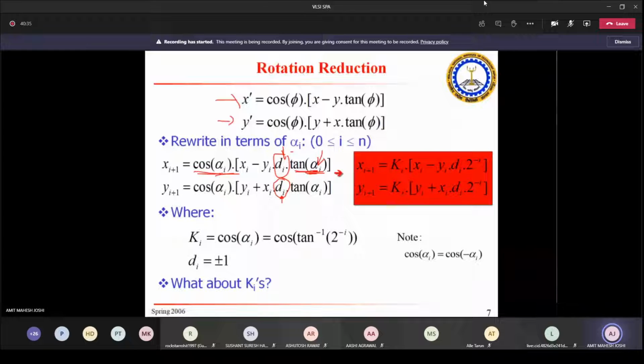Sine is ultimately an odd function, and because of sine, the tan comes out as odd, because it is sine by cos. But cos is an even function. So for cos, I do not have to worry about whether it is plus alpha or minus alpha. This will always be plus, because alpha or minus alpha doesn't change my cos value.